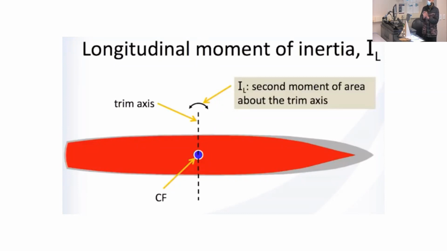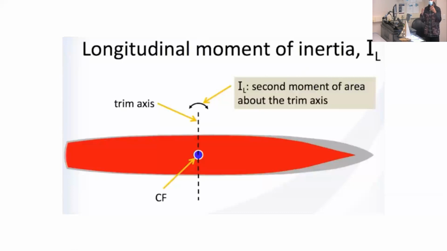So linear momentum depends on mass. Angular momentum depends on inertia. That's the only thing you need to remember. When we talk about things rotating, we talk about moment of inertia. When we talk about things translating, we talk about mass. So conceptually, the two things are equivalent. You have to be careful: there's an area moment of inertia and a mass moment of inertia.